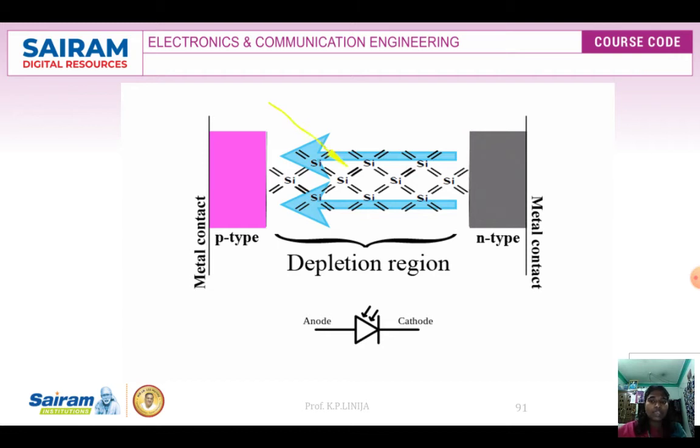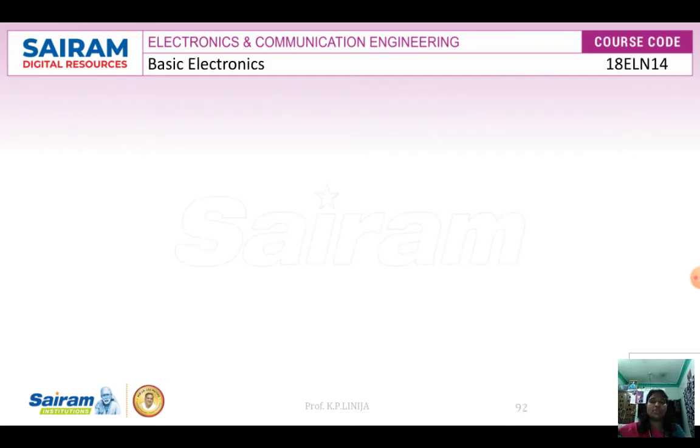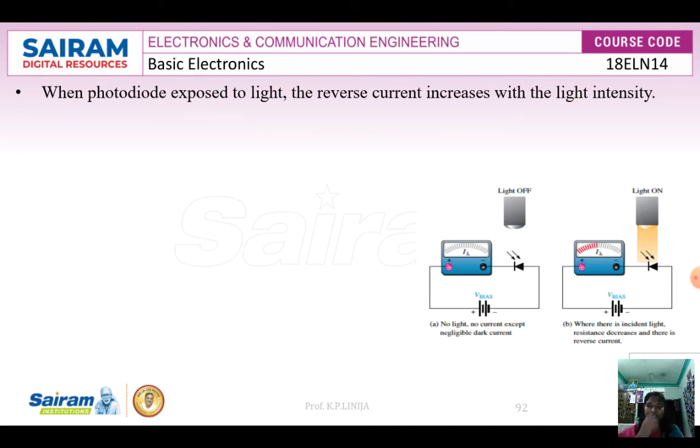You can see how the light hits the electrons and how the migration is happening. What we have studied in theory can be visualized in this animated way. Hope everybody understood. So now, when the photodiode is exposed to light, we will see that the reverse current increases with light intensity.